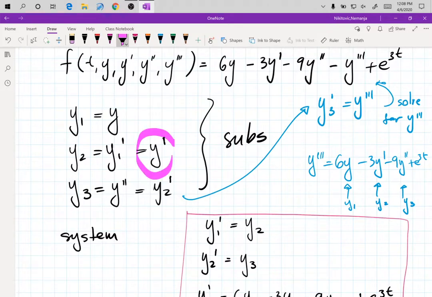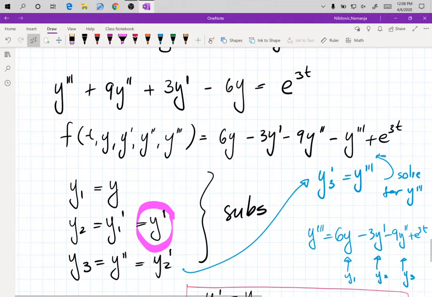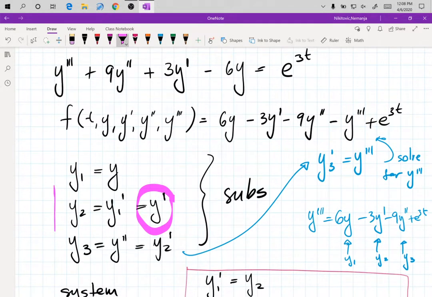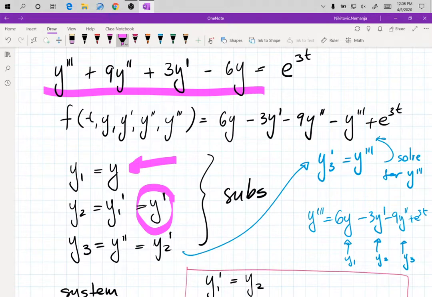Now, we don't really need this part, but it's good to know that you can differentiate, right, and that it couples back to the original y, because your original problem is only posed in y's. You don't see any y's here, right? But this first equation tells you the relationship between the y and y1. So everything can be traced back to y1, and then everything eventually can be traced back to y, because your original problem is only posed in y's.